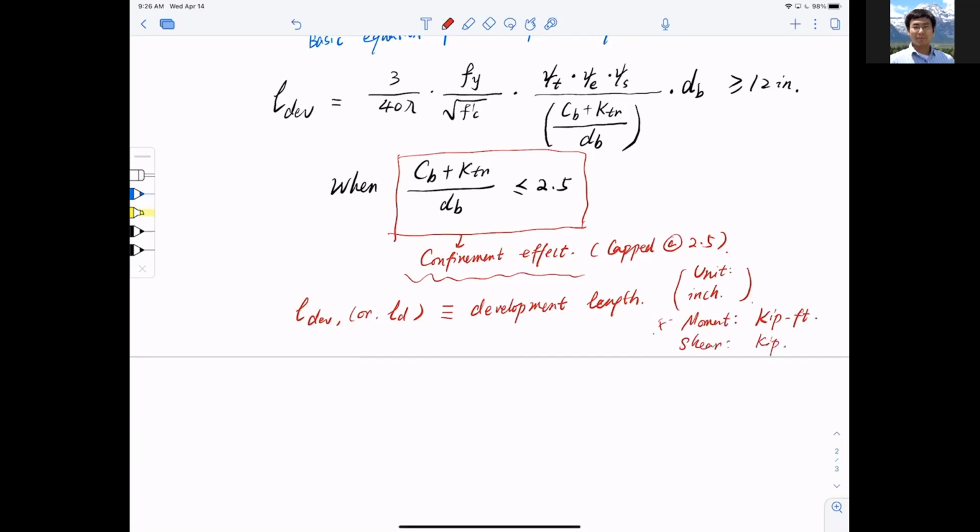For any other dimensions, the geometry of sections and bars, everything has to be in inches. This mixed unit thing is not helpful, so try to avoid mixing pounds, feet, and inches, or odd units like pound-foot. These are the common units.